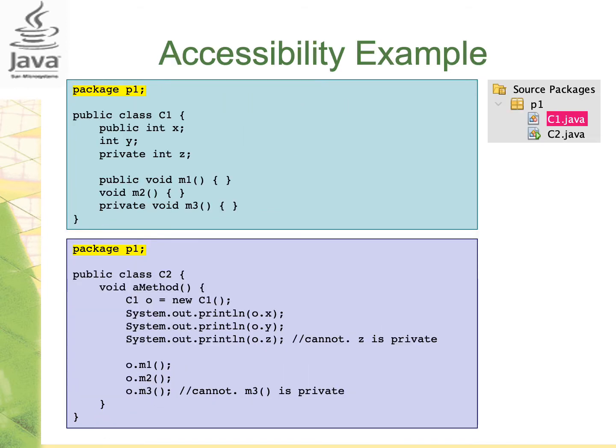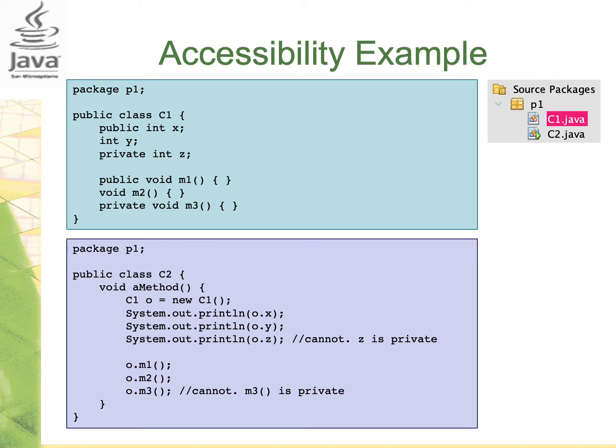Other accessibility modifiers, public, default, and private, can be seen from this example. Here we have two classes called C1 and C2. Both are within the same package or folder, so it has to be defined as the first line in the source code as shown here, where it wrote package P1 semicolon. This is clearer if we look at the project within NetBeans, as it can show the hierarchy of the files. It shows that in the P1 package, it has C1 and C2 classes.